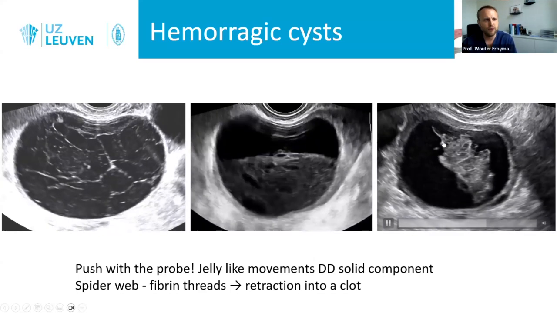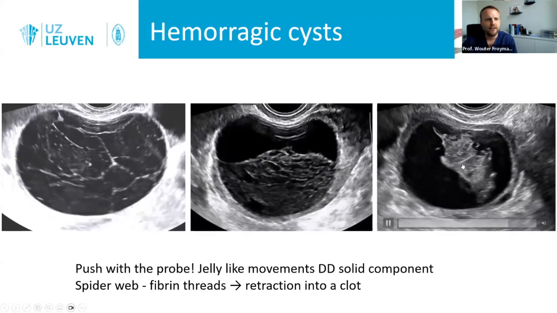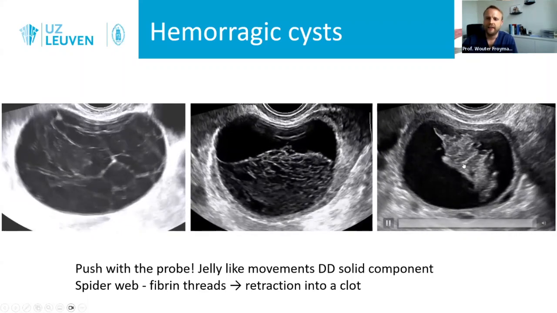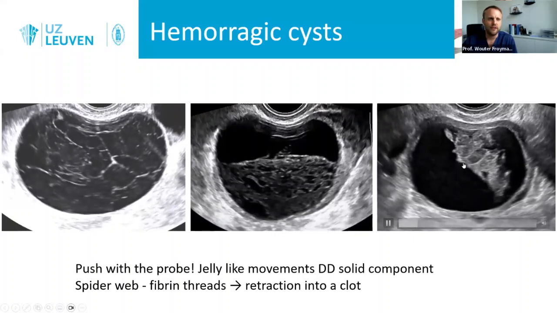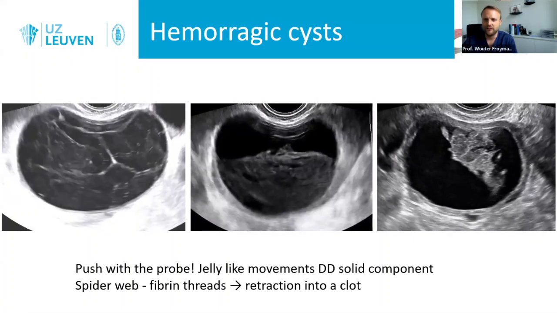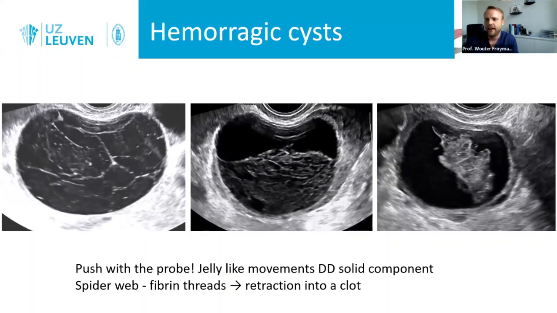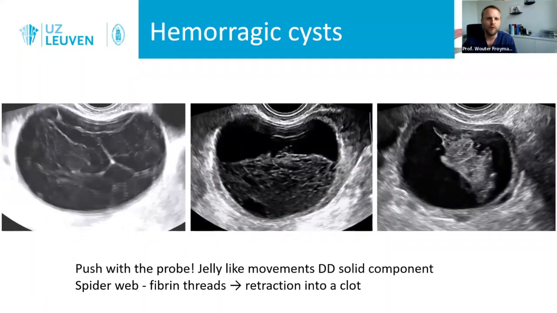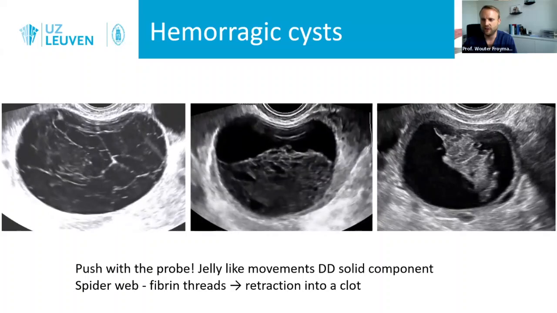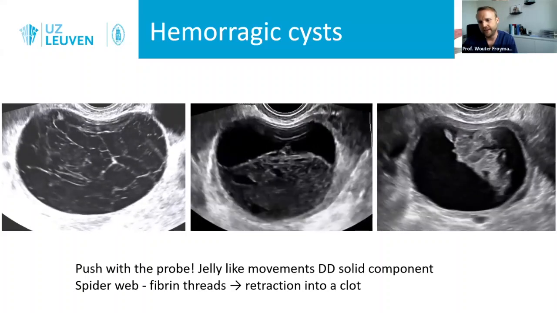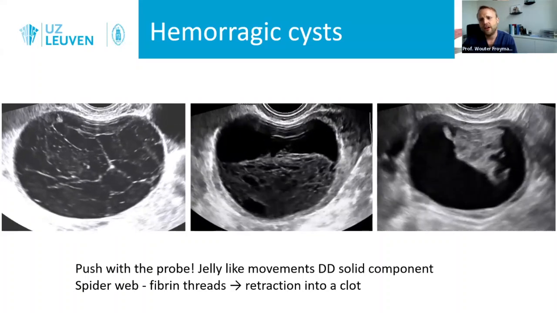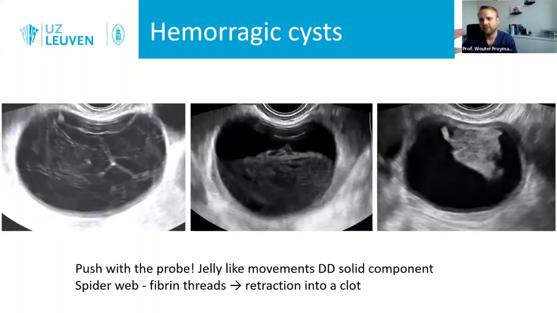But in fact, if you push with your ultrasound probe, you will see that this component is moving and that you can clearly see this is not a solid component, but a blood clot, which is retracting. So you have to use ultrasound in a dynamic way, and you have to push gently with the probe on the lesion to see this kind of findings. So these are all functional changes.